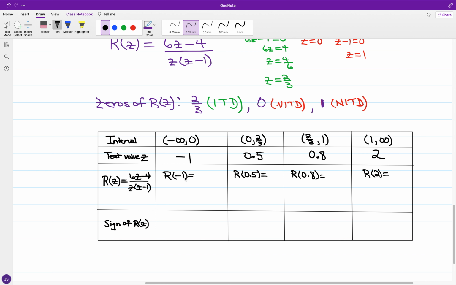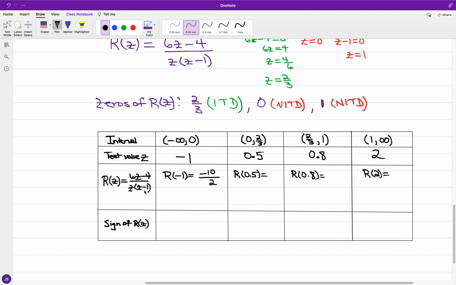For -1, we got 6 times -1 minus 4, so that's -10, over -1 times -2, which is a positive 2.